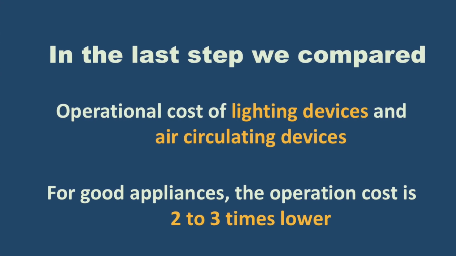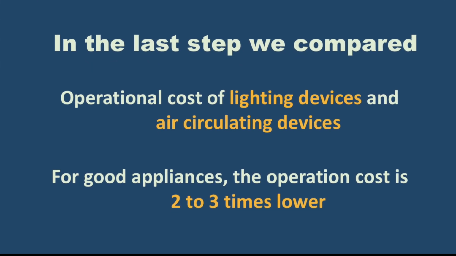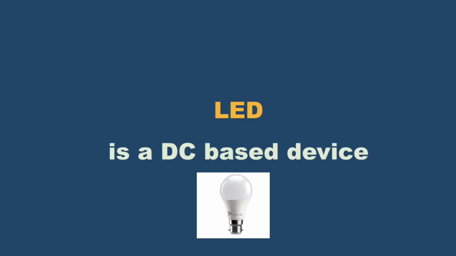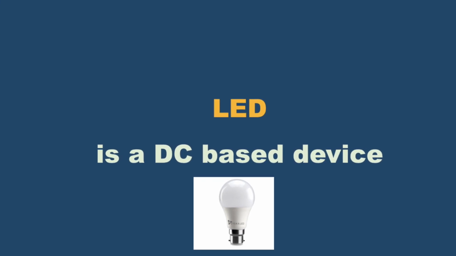One is lighting devices and the other is air circulating devices. For the lighting devices, we compared CFL, LED and incandescent bulb, and we saw a huge difference in the operating cost with a very efficient LED, which is also a DC based device. Also we compared the air circulating devices, the fan, AC fan and DC fan, and again we found a very significant difference in the operating cost.